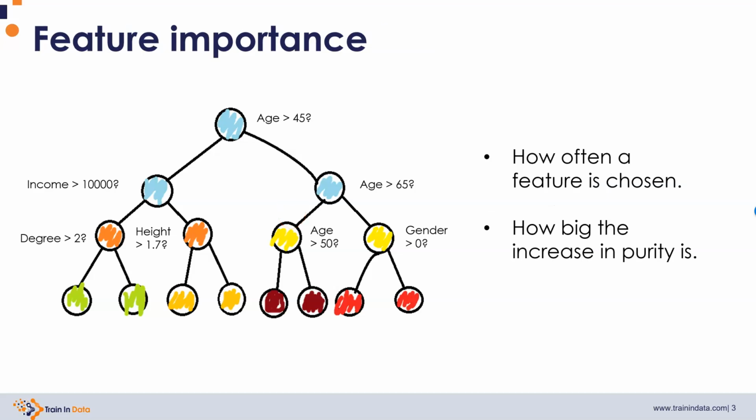So without knowing too much about calculations, how often a feature is used in a decision tree to partition the data is an indication of how important that feature is, and how big the increase in the purity after the partition is also an indication of how important that feature is.